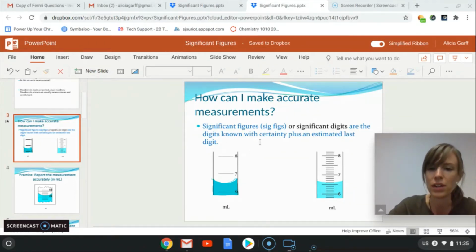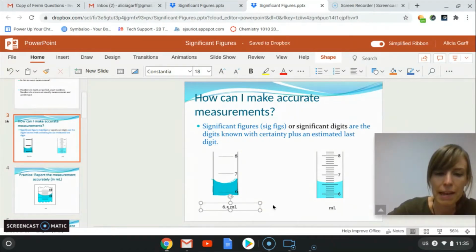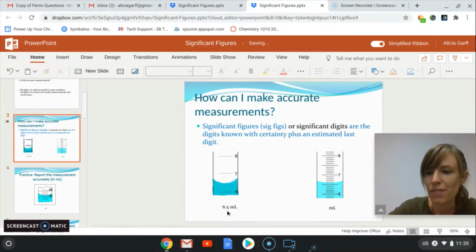So with significant figures, you get all of the digits that you're certain of plus one that you're estimating. So I would record for this one maybe 6.5 because that looks like it's right in the middle there. And if I put like 6.55, that would be incorrect because I can't even tell for sure that it's 5, let alone 5.5. So I only get that one uncertain digit.